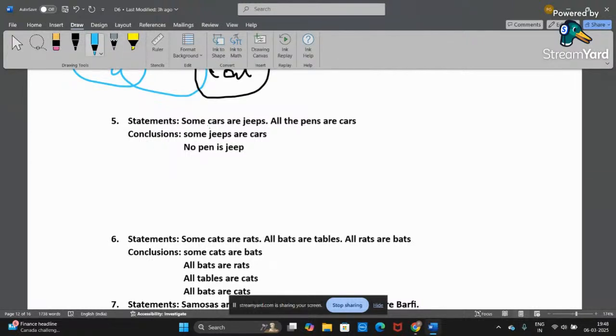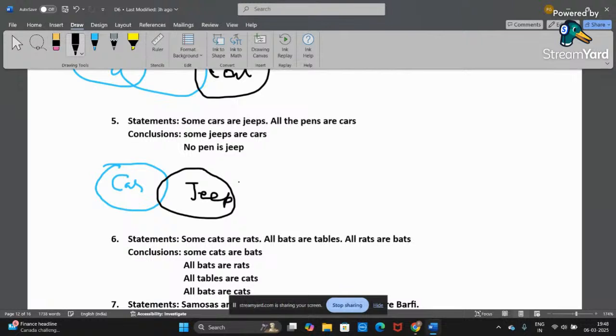Some cars are jeeps. How to write this? Car. Some cars are not all. Some, so you have taken little parts of that. So some cars are jeep. Then what is the next one?